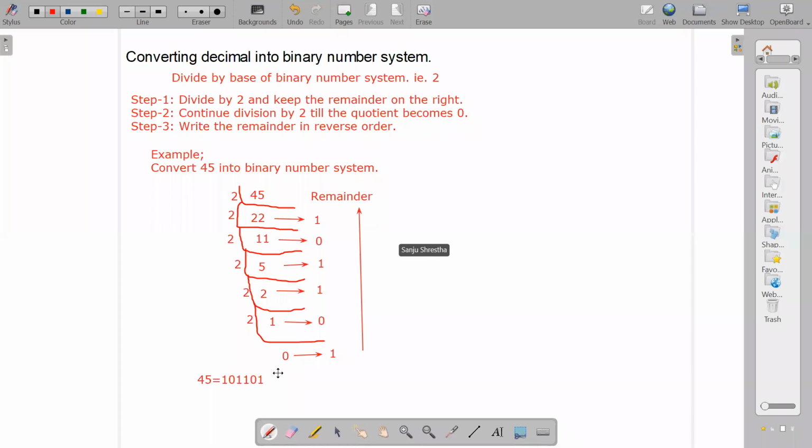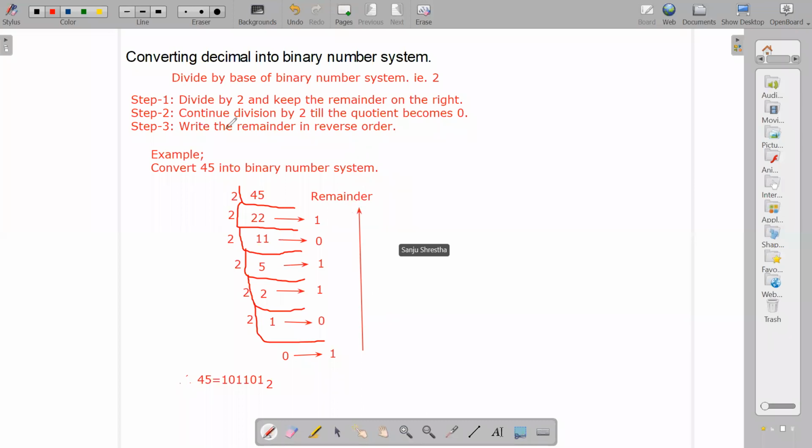Now here base we have to write 2 because we are writing in base 2 number system. So 45 equals to 101101 base 2.